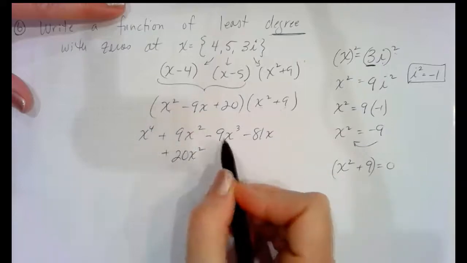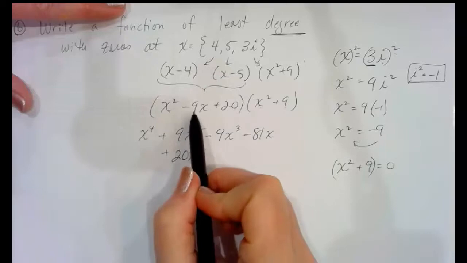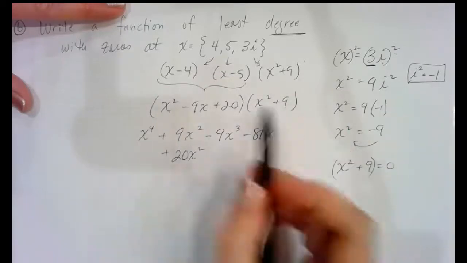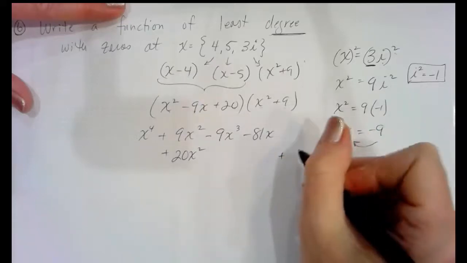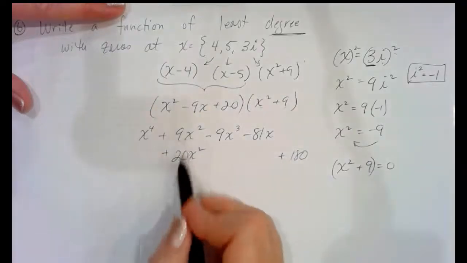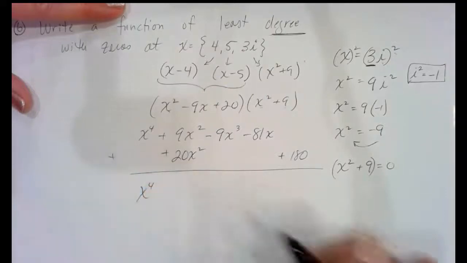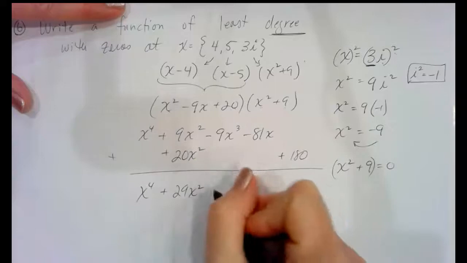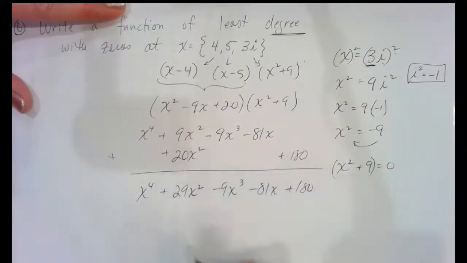I'm going to take an opportunity to line up my like terms vertically. And then 20 times 9, excuse me, is plus 180. So really my only like terms are right here. So x to the fourth plus 29x squared minus 9x cubed minus 81x plus 180.